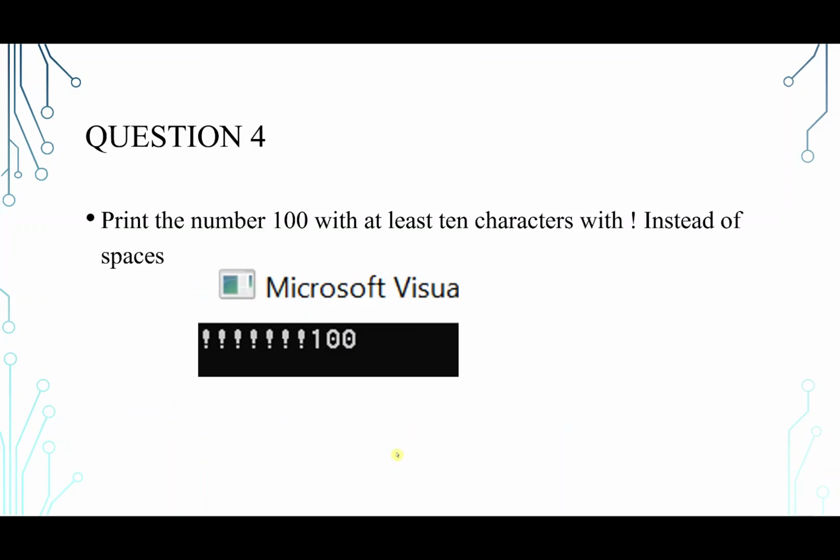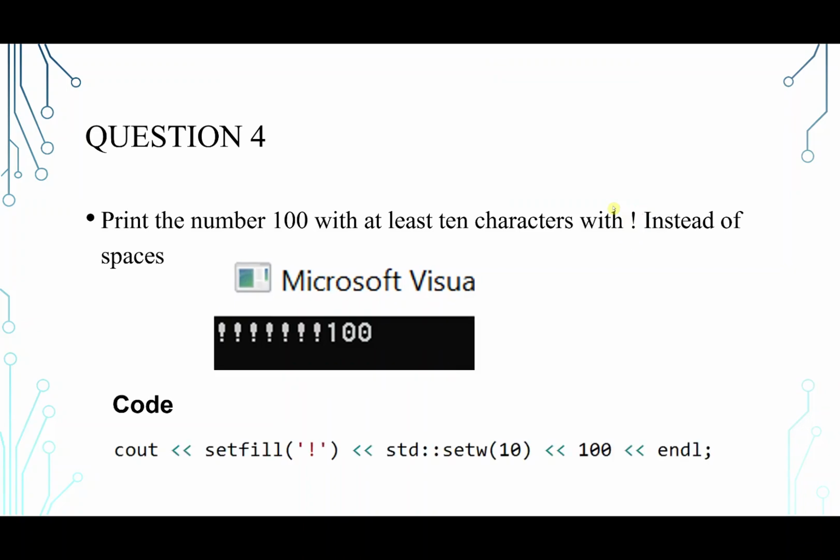Print the number 100 with at least 10 characters with this exclamation point instead of the spaces. Now, this is something you haven't seen before, so let me answer this question for you. You need to use setfill and give it a special character. Now, you either give it a letter like ABC or exclamation point, question mark or any other thing.